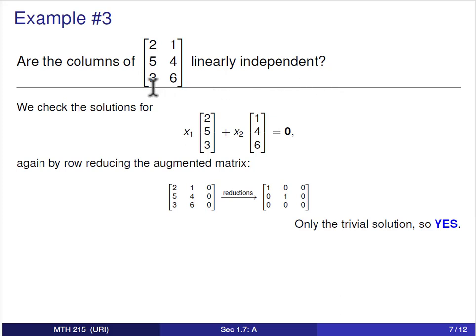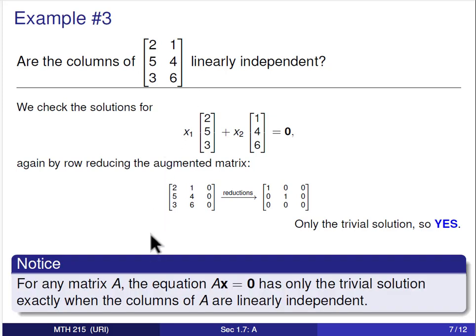Now, one thing you'll notice is that we took our vectors to be columns of a matrix. And we've done things like that before, so that shouldn't be too much of a stretch. But one thing we can say then is that for any matrix A, the equation AX equals 0, which is a matrix form of this vector equation, has only the trivial solution exactly when the columns of A are linearly independent.